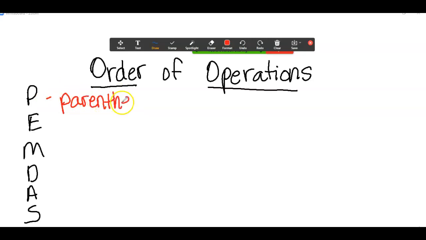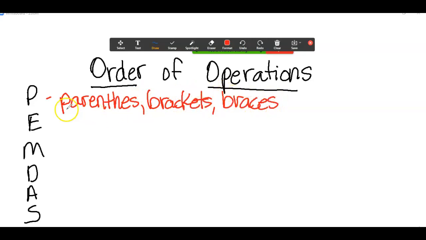That also includes brackets or braces. Those mean the same thing as parentheses. It doesn't matter what operation is in parentheses, brackets, or braces, it always, always comes first because it's the P in PEMDAS.